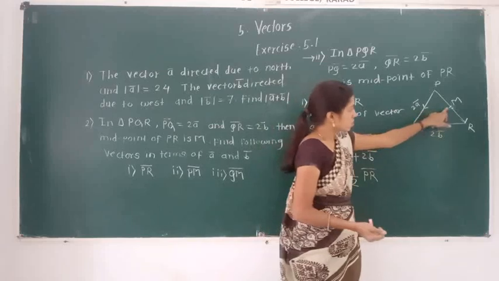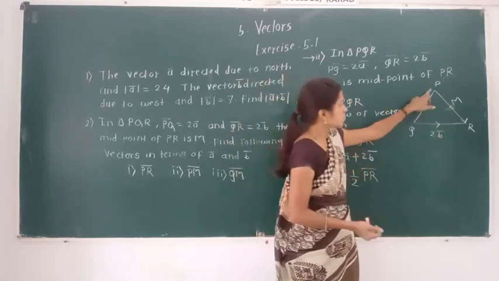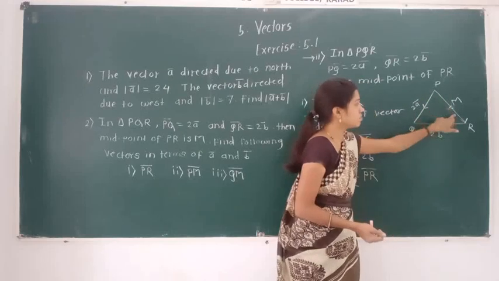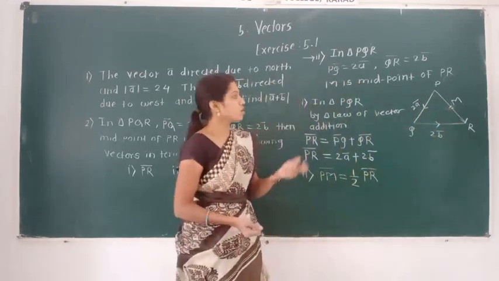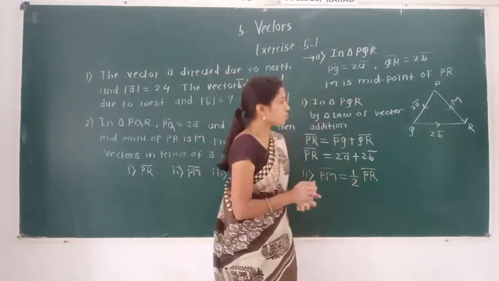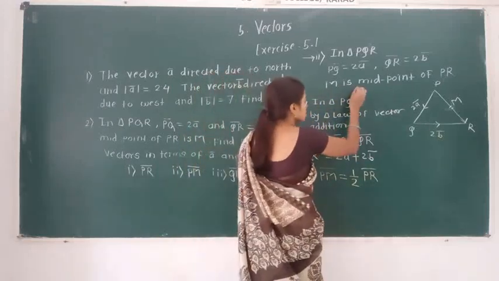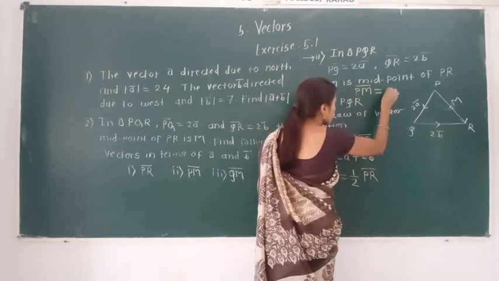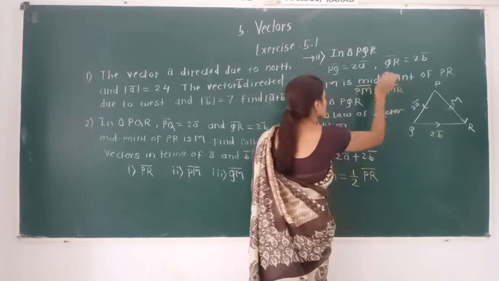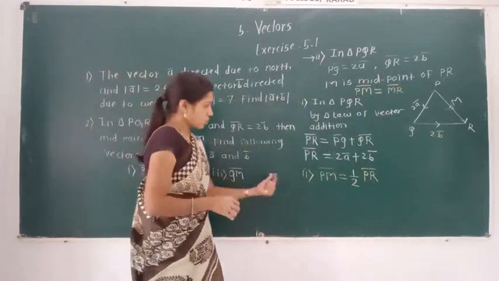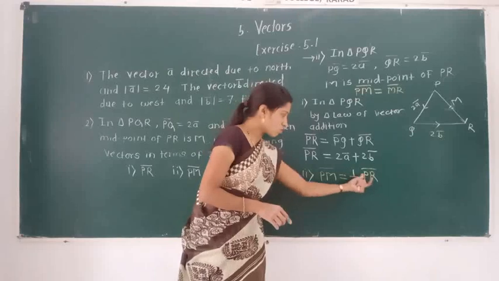Otherwise, we take PM plus MR, which gives us PR bar. But M is a midpoint of PR, it means that PM bar is equal to MR bar. These two vectors are equal vectors. So PM bar is half into PR bar.